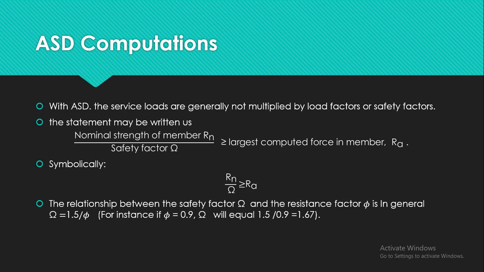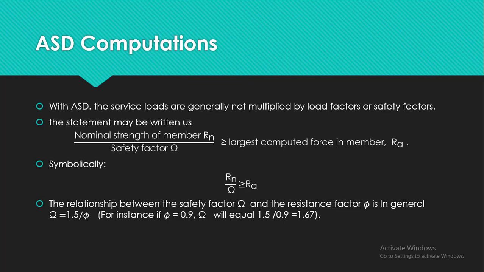These total forces may not be greater than the nominal strengths of the members divided by appropriate safety factors. In equation form, the statement may be written as the nominal strength of the member, Rn, divided by the safety factor omega, greater than or equal to the largest computed force in the member, Ra.